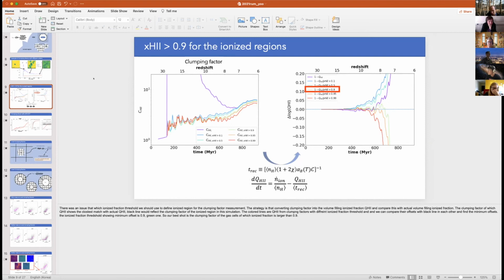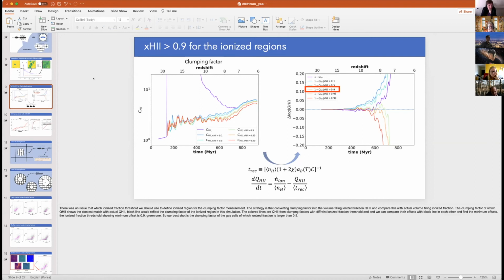I think even if the reionization is over after z=7, there's still neutral regions around in the box. They are not perfectly ionized, and some gas is just partially ionized. So I think that makes some difference.